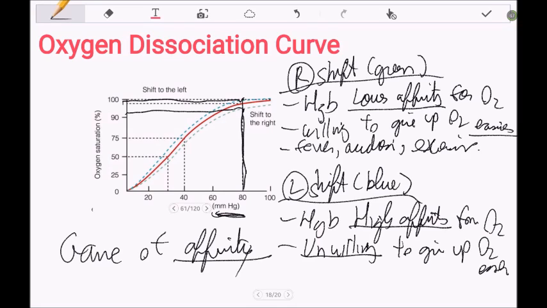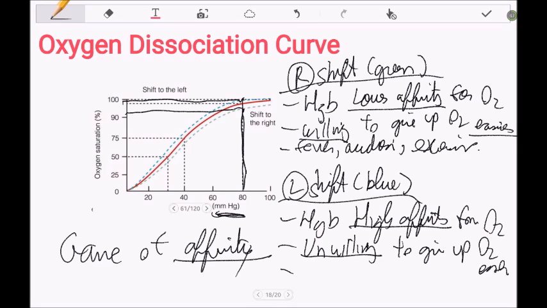So right shift is willing to give up O2 easier, and left shift is unwilling to give up O2 easily. So the hemoglobin molecule wants to keep the oxygen molecule attached to itself and not give it to the cells.